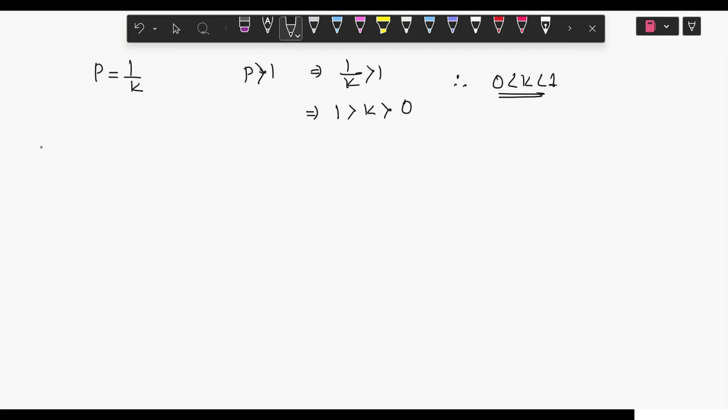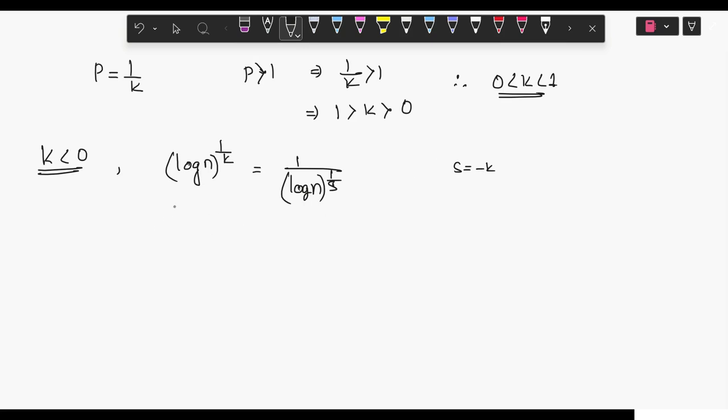Now let us consider the case when k is less than 0. Just intuitively observe that log n is whole to the power 1 by k. As k is negative, this is nothing but 1 by log n is whole to the power 1 by s, where s is equal to minus k.